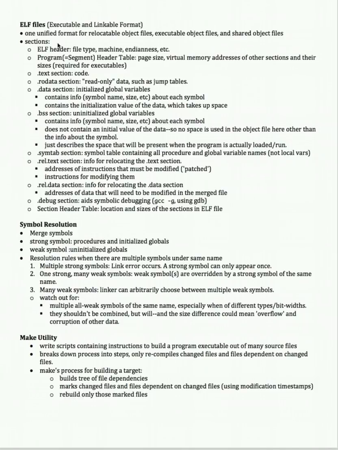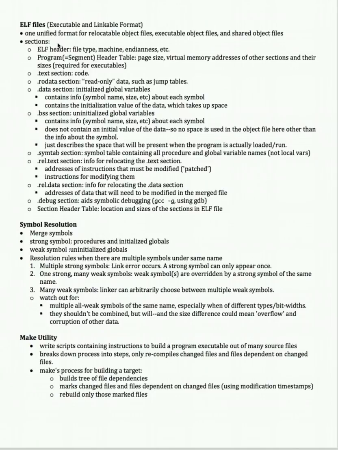When there's one strong symbol and many weak symbols, the weak symbols will be overridden or ignored, and the strong symbol of the same name will be taken. If there are many weak symbols, the linker can arbitrarily choose between them.